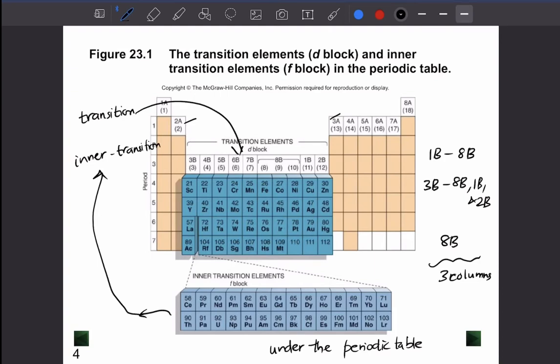Now, whenever you see transition elements, all of them are completely metals.